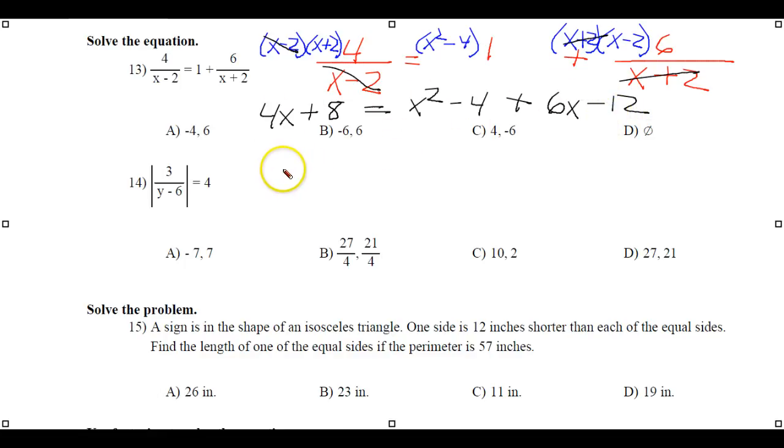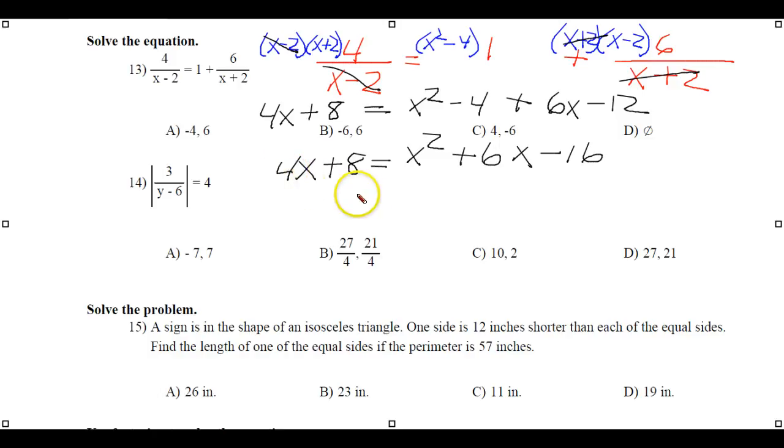Now I group like terms. I get 4x plus 8 equals x squared plus 6x. And then here this is a negative 16. Now I have a quadratic equation, so I need to put it in standard form.